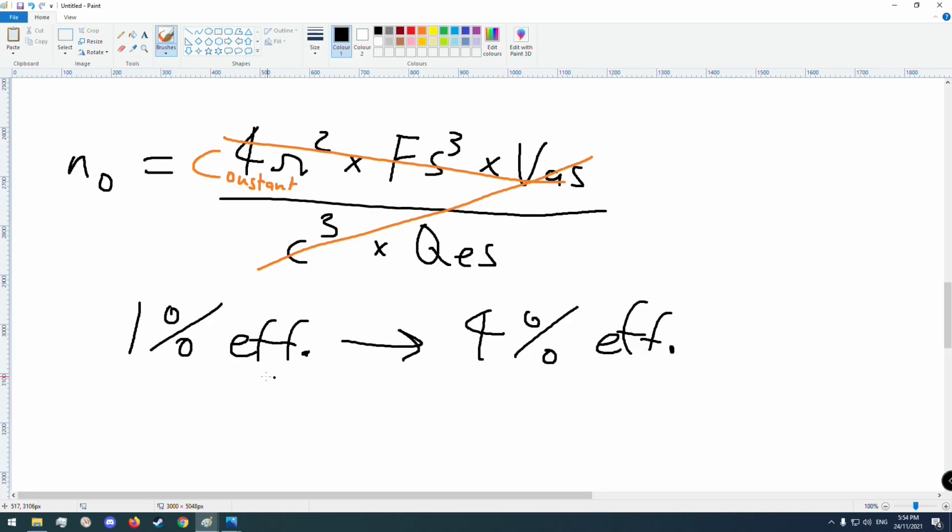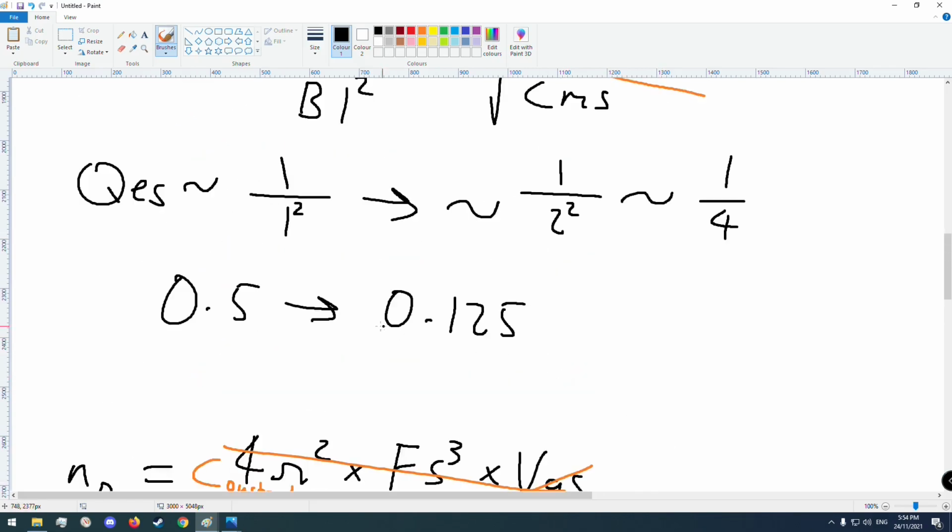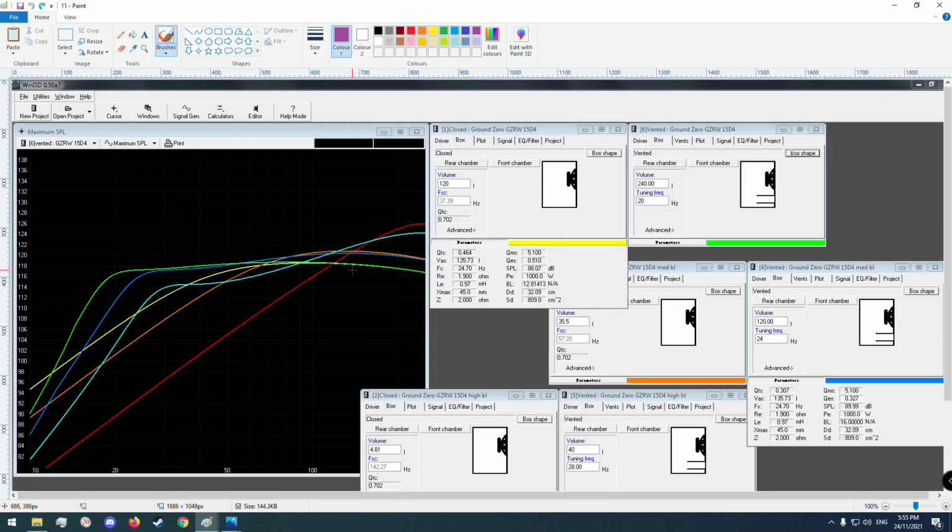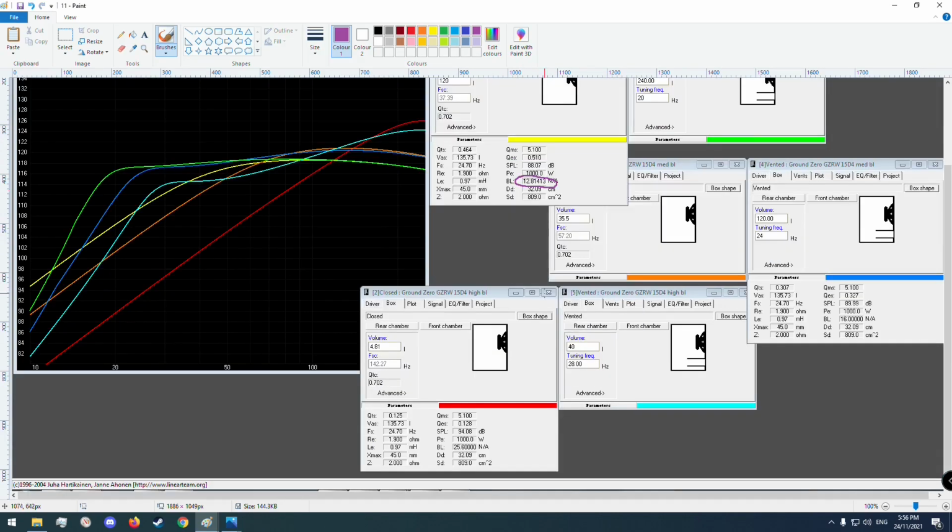But something this figure here does not really express is just how much of an effect this extremely high damping has. So right here I have, now it looks like a bit of a mess, but these two speakers are exactly the same with a BL of 12.8, which is stock.